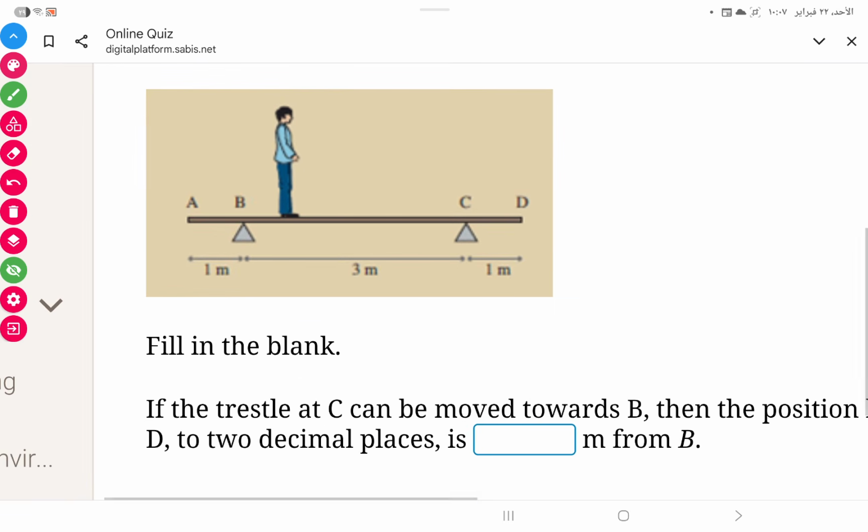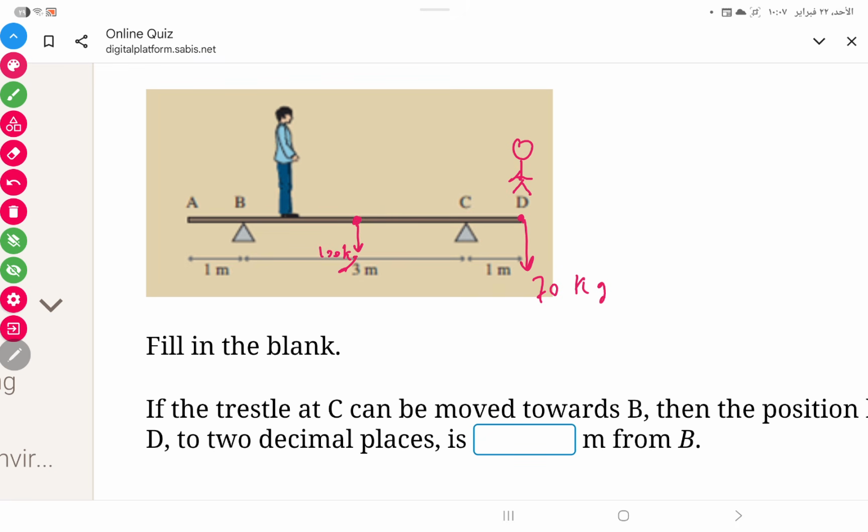So to do that, let's draw the man at D, because we are told that the man must be here at D. So here is now the man standing at D, and the mass of the man is given as 70 kilograms. Now here we have to move C to the left towards B. And don't forget that here you have the mass of the plank as 100 kilograms.